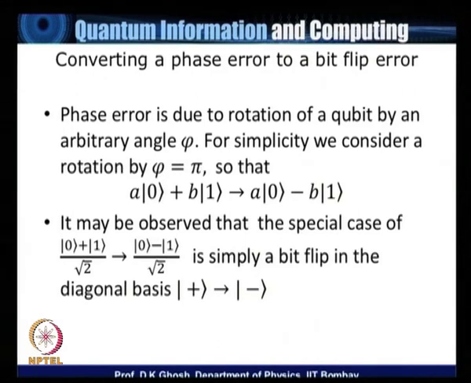Now it may be observed that while (0 plus 1) by square root of 2 is going to (0 minus 1) by square root of 2, suppose you are looking at it in a diagonal basis. In the diagonal basis, (0 plus 1) by square root of 2 is nothing but the state plus, and (0 minus 1) by square root of 2 is the state minus.